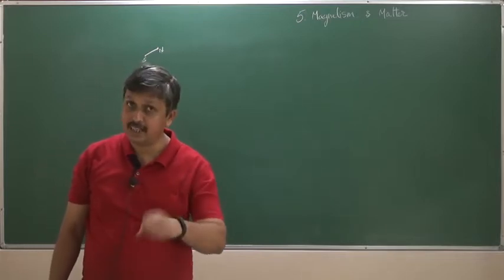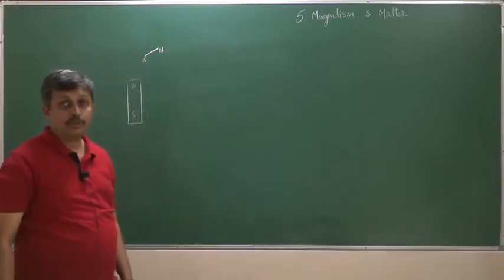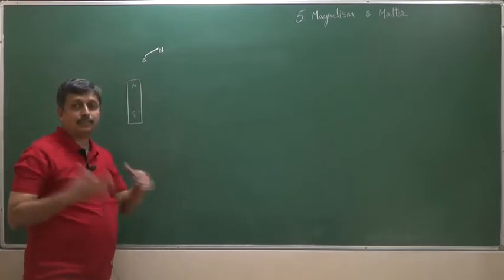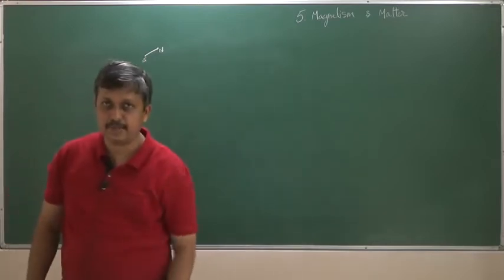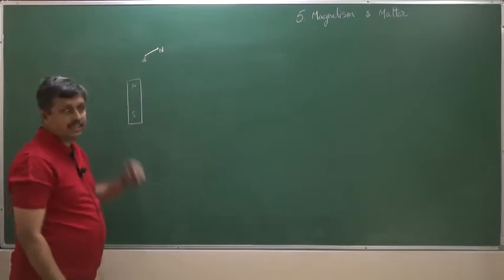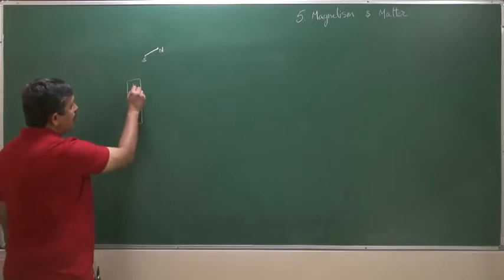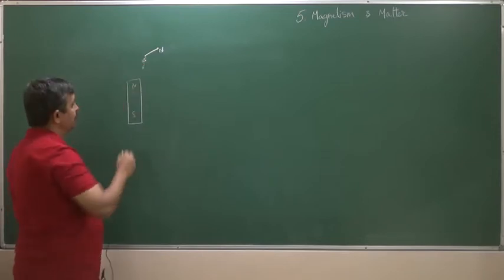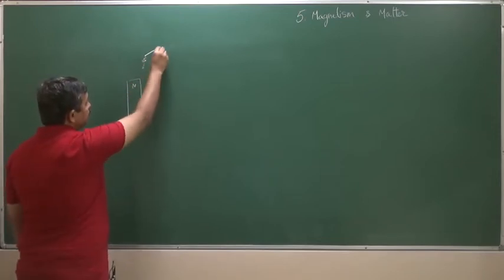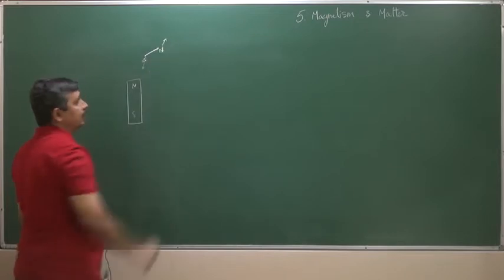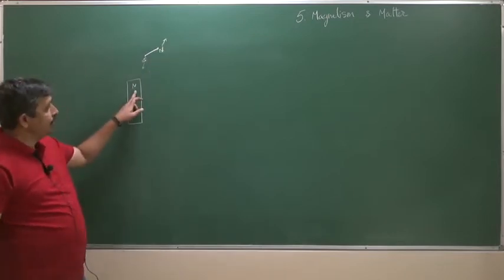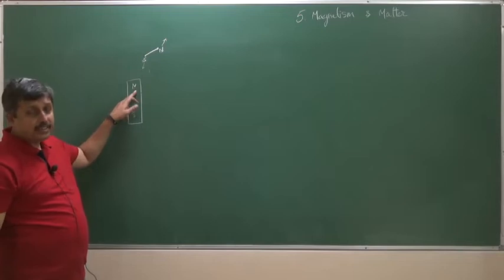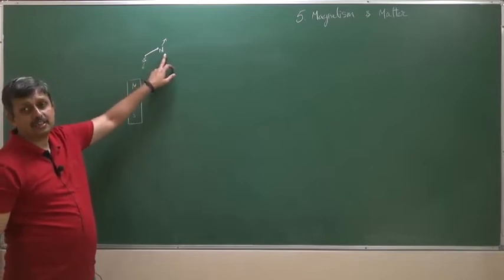Like how charge induction happens. How it induces inside this, we will study a little later in the same chapter. Now when it induces that, you can see that this north pulls this side, whereas this north pushes this north outside. So this north actually is pulling the south and pushing the north.